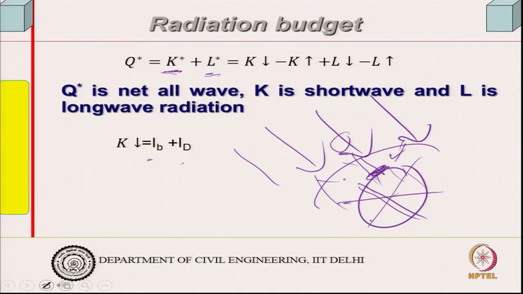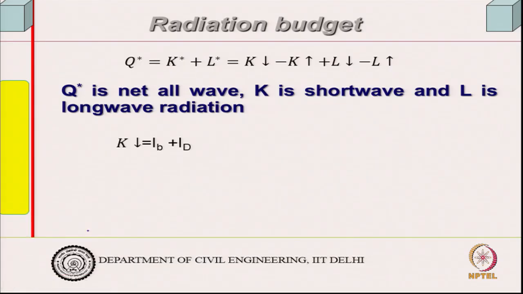So, you always have the short wave. If you look at short wave radiation, it is I beam plus I diffused. Some of it will be absorbed and some will go away. So, this is going up, this is going down. These are short wave radiations coming in, and a fraction of it will go away.